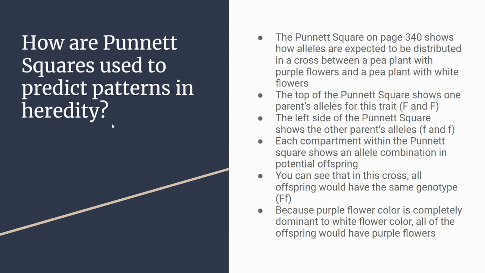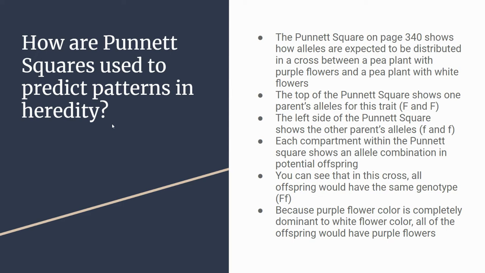So it can only pass on lowercase f's, which means it can only pass on white flower traits. And the purple flower can only pass on capital F's, which means it can only pass on purple flower traits. Okay, does that make sense? I can't see your faces, so I'm hoping this makes sense.